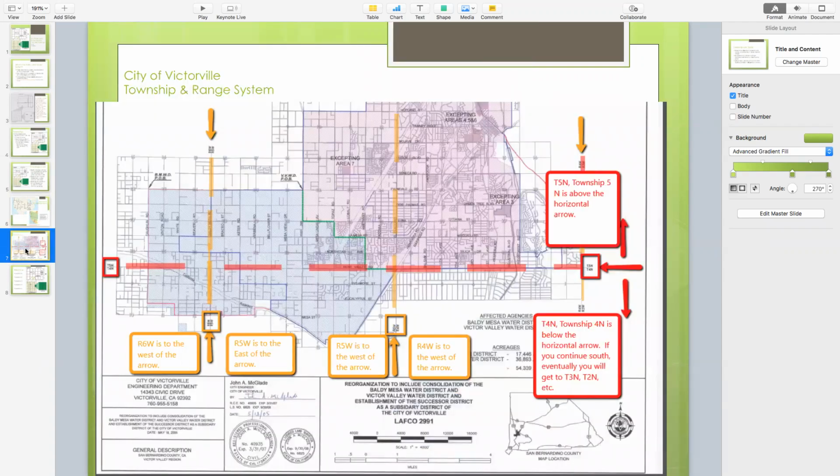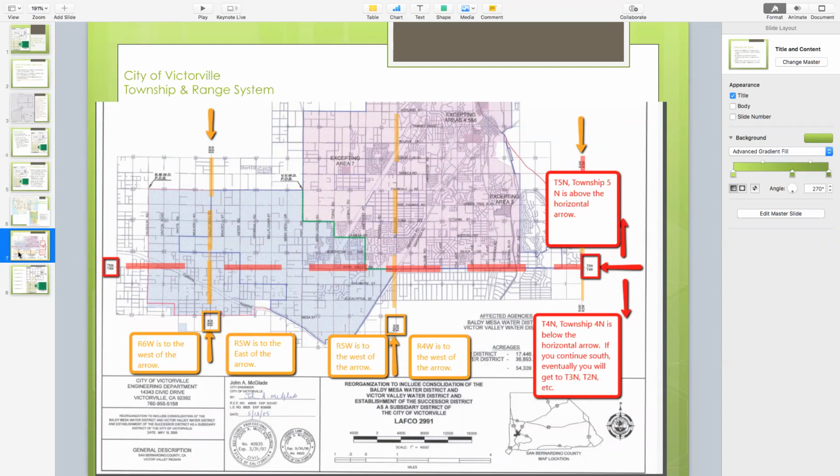Now, here on the West Coast, we do not frequently hear of the township and range system. However, there definitely are township and range systems, as we saw in California, and they're more commonly referred to on the East Coast and in other parts of the country.